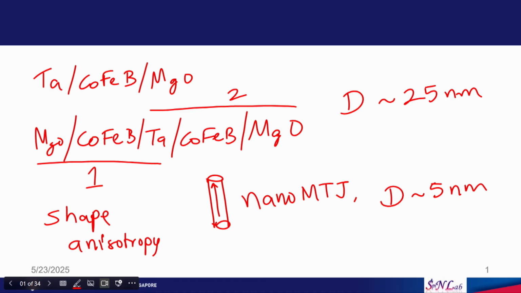Theoretically, and maybe in lab experiments, this works. But we do not know how the industry will be able to make this tall MTJ.